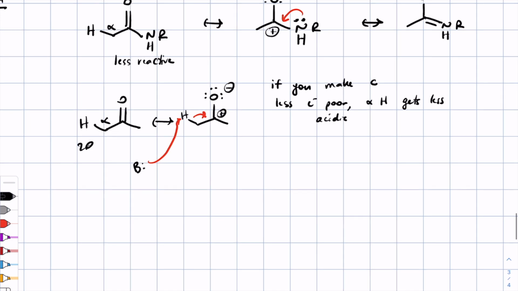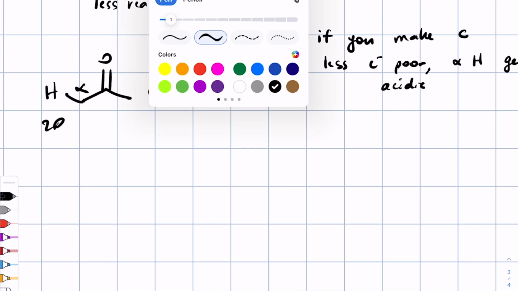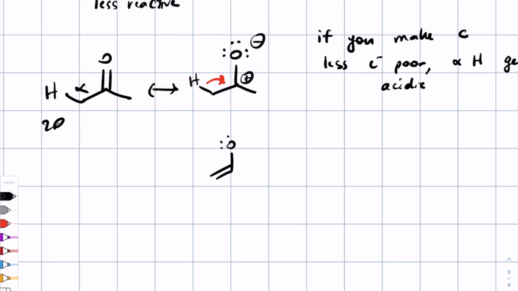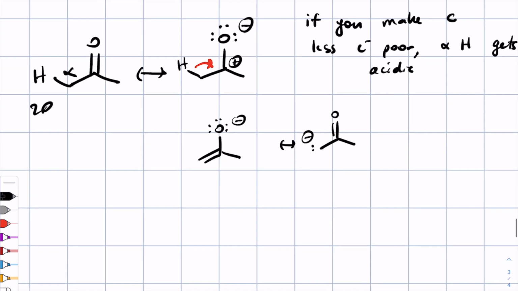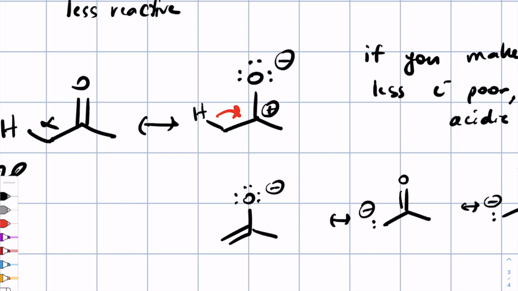The thing that made the alpha proton acidic in the first place was the fact that if you removed that proton, you could get to a resonance stabilized anion, which we called the enolate. And we could have drawn a resonance structure for the enolate. We didn't draw this one, but we could have. That looks like that. The only thing that made that alpha proton acidic in the first place is that the carbonyl carbon was electron poor.